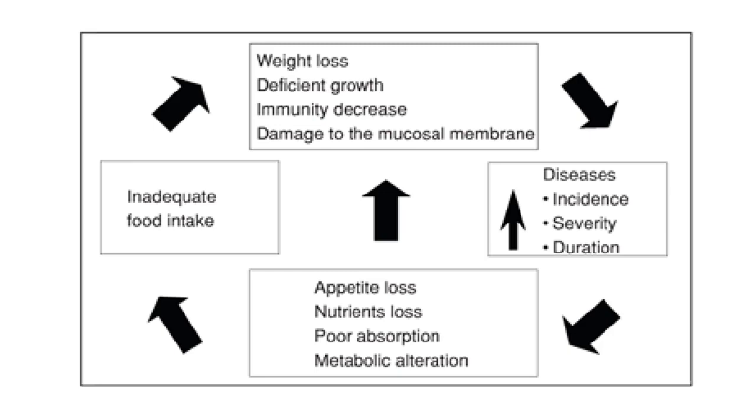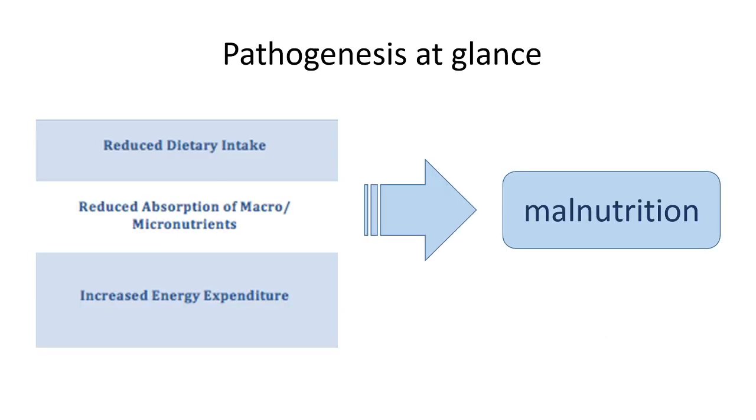In patients with malnutrition, we can see low immunity, and due to that, increasing severity of infection, and severe prolonged infection leads to low appetite and low food intake, which of course provokes increasing severity of the malnutrition.